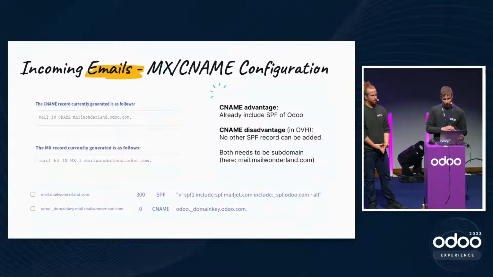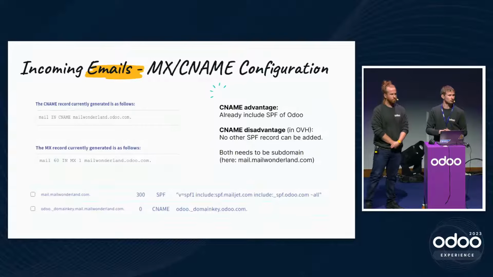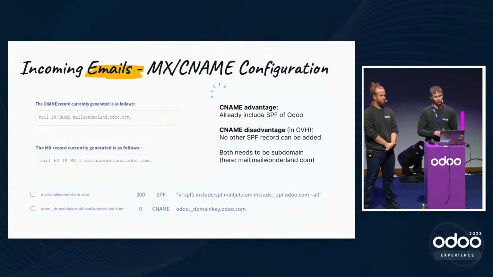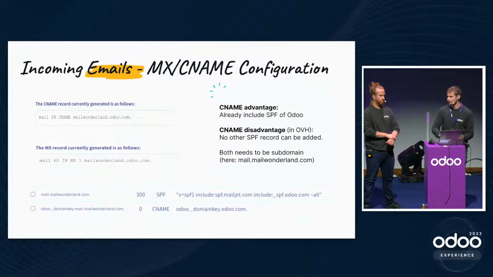It will look like you have here on the screen. And you can notice that we don't have only an include for odoo.com, but we also have an include for mailjet.com. That's because Mailjet is the outgoing server that we will use for our mass mailing. If you want really more detailed information about SPF and DKIM, you can come back to Emma's talk, and also Baptiste will show you a demo right after that.